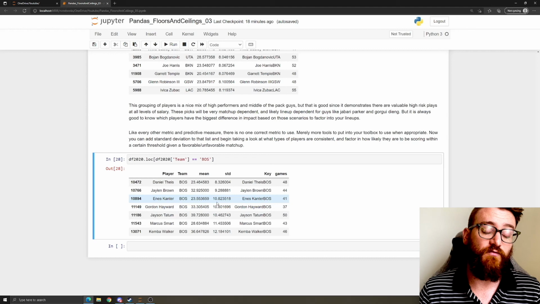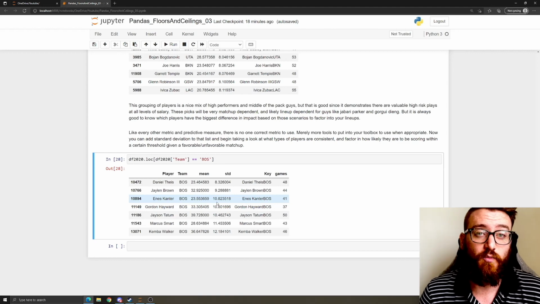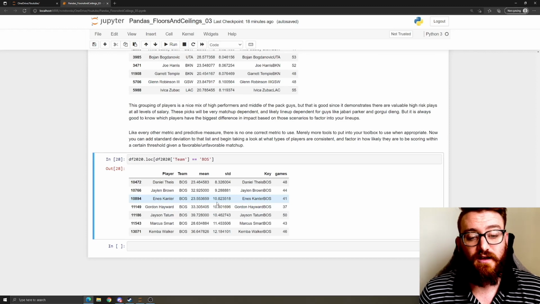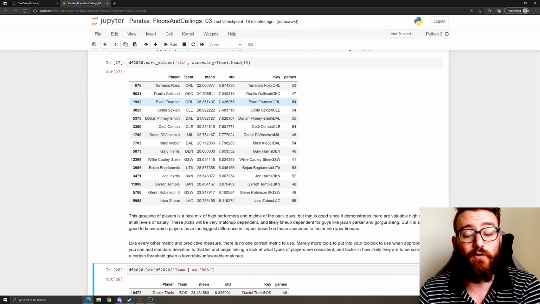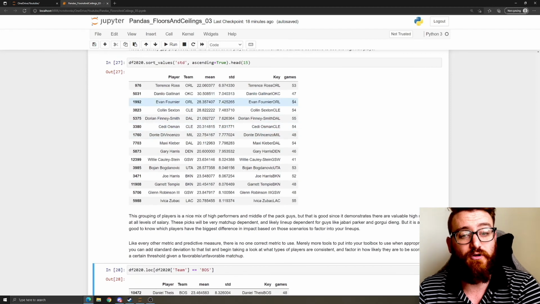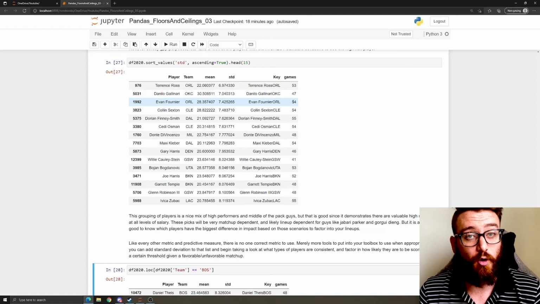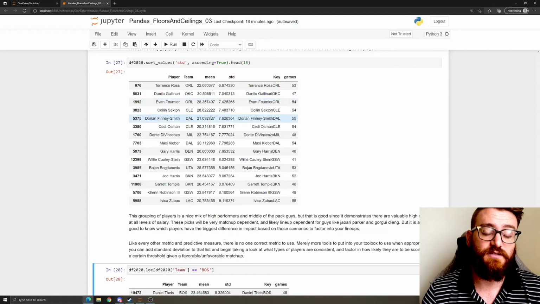Fantasy points per minute is also an important stat to bring in for things like this, because if they don't average as much but they play very few minutes but they have a relatively high fantasy point per minute, if you know that they're going to be getting more time on the court, then maybe we scale some of this up.